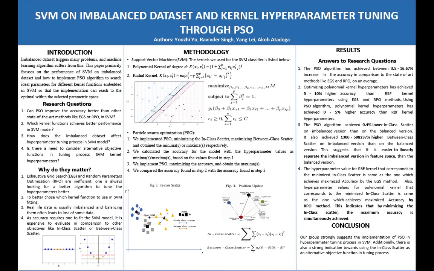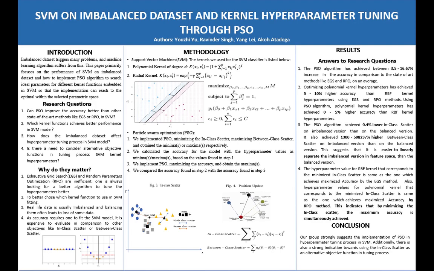Or another example, in the Gaussian generated balanced dataset, PSO achieved 63% accuracy, while the exhaustive grid search and random parameter optimization achieved only 54% and 55% respectively. So this was about PSO, and now Yang Lei will continue with the second research question.